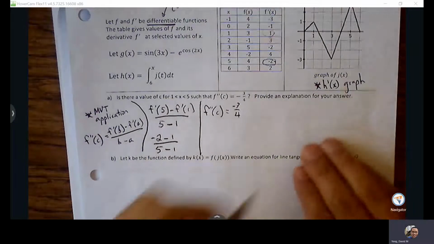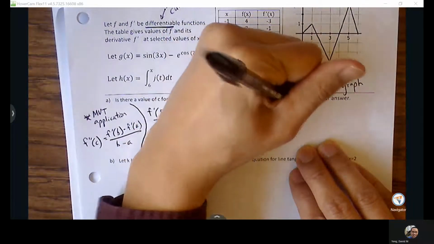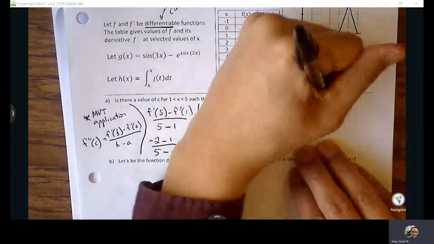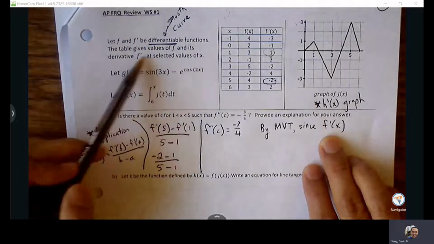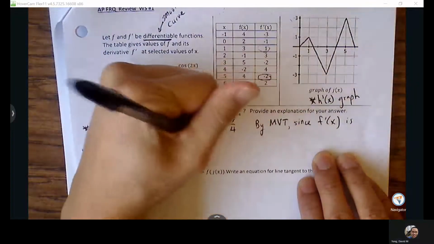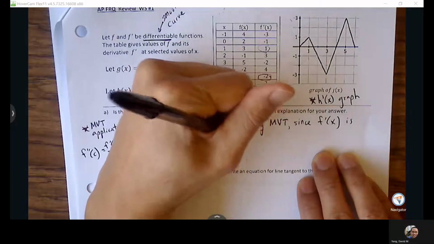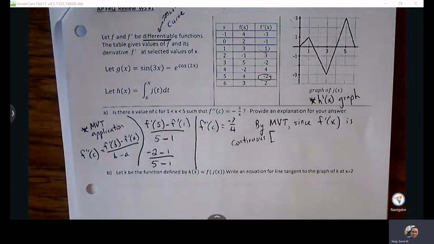So we can say by MVT, since f prime is continuous and differentiable, there's also a good chance for us to practice writing out the full conditions of mean value theorem.